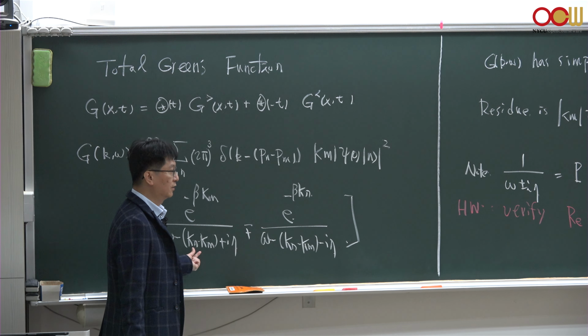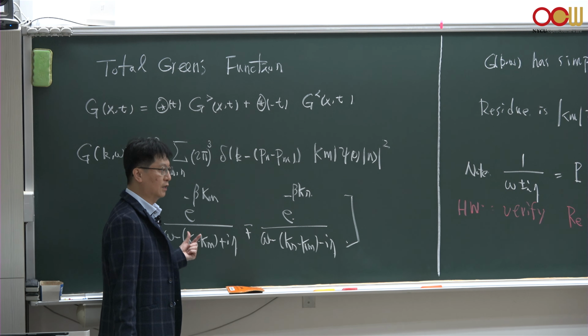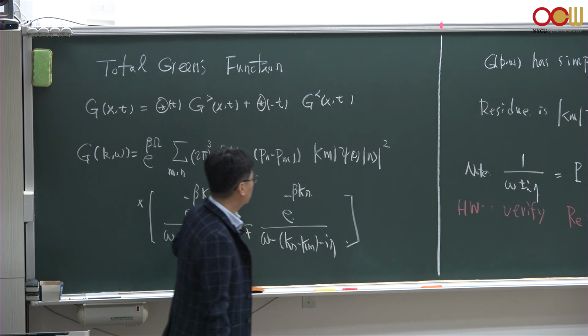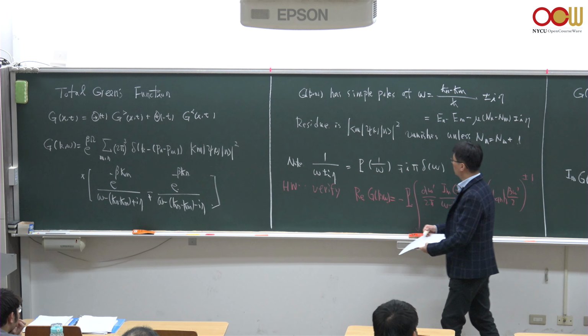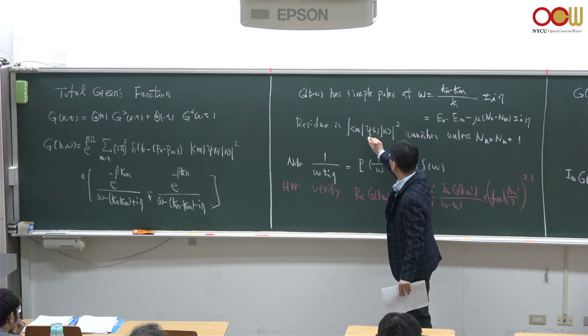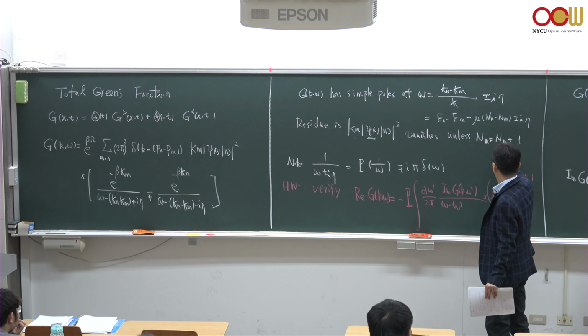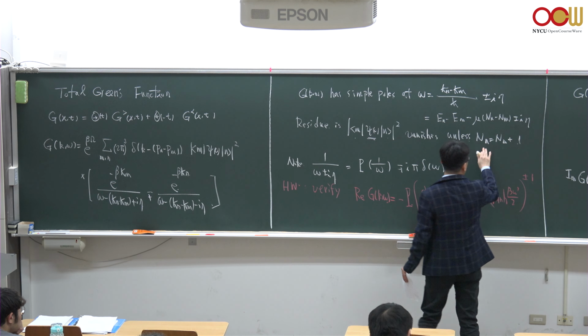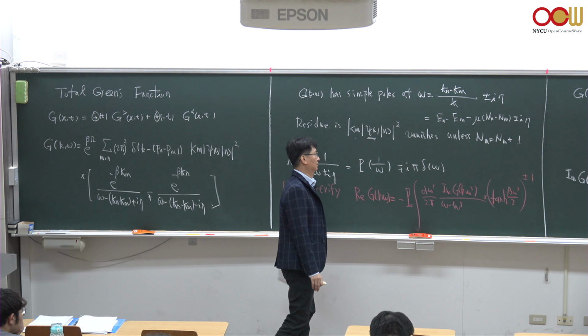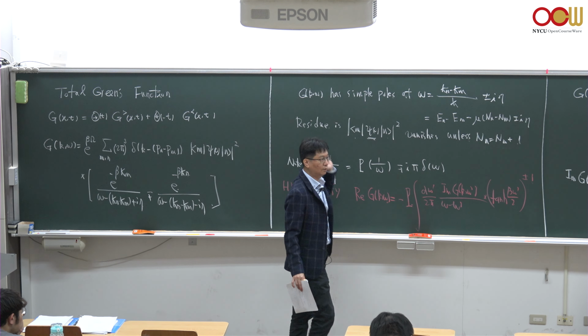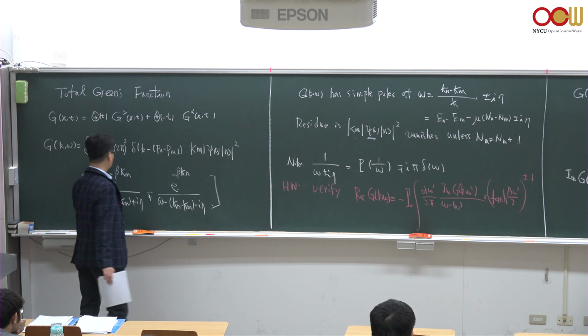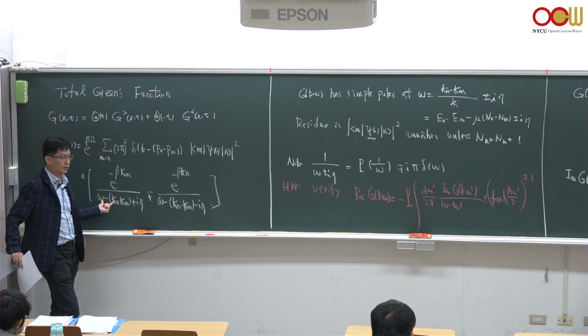Okay, and the numbers n and m represent the total number of particles, and we know that this residue is actually this matrix element squared, which is the ψ sandwiched between the bra state m and ket state n, and this matrix element squared vanishes unless the number of particles in states n and m differ by 1. Okay, and so this G(k,ω) shows a simple pole right here when this denominator vanishes.